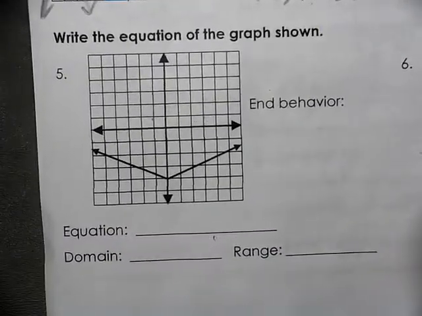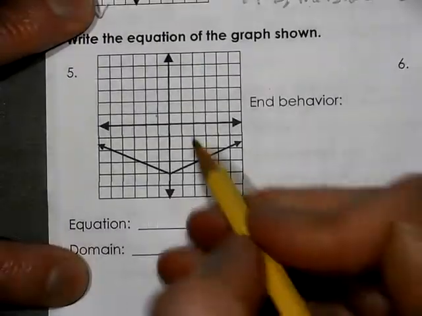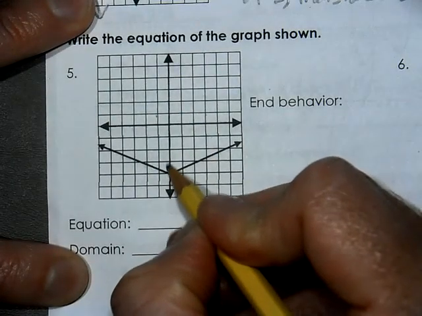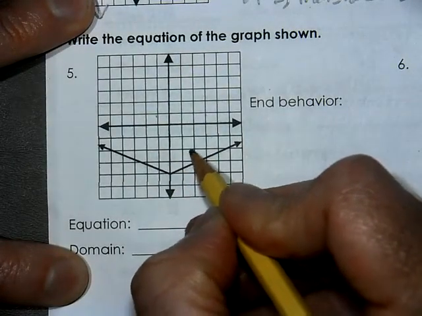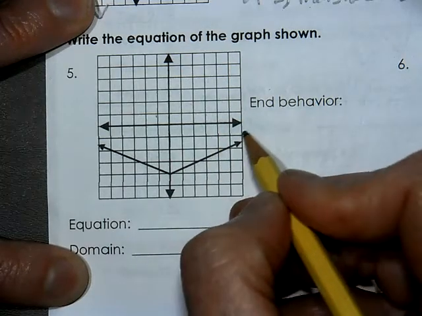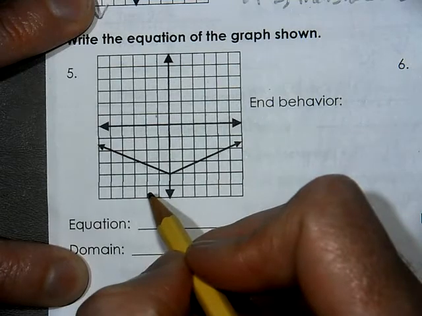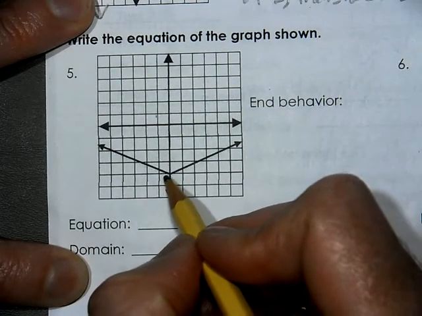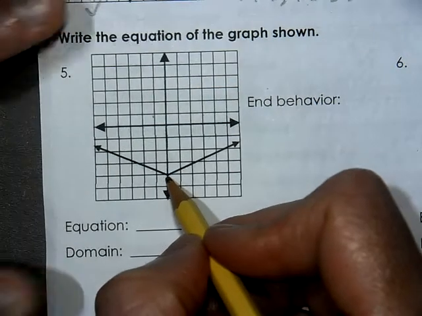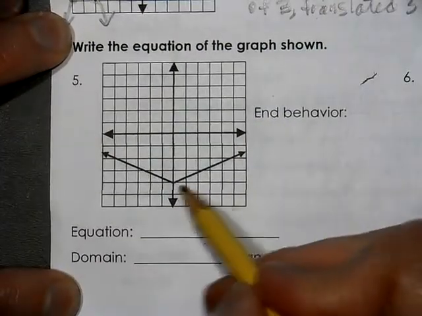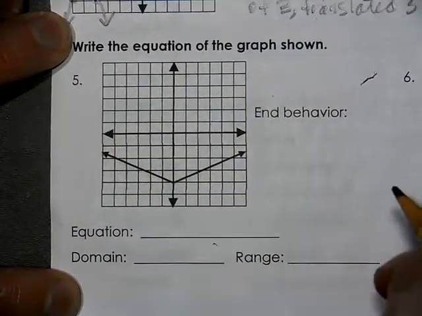Now we look at writing equations. We see that our slope, okay, it's not up 1, 1, 2. Looking here again at our slope, and the slope's a little tricky.